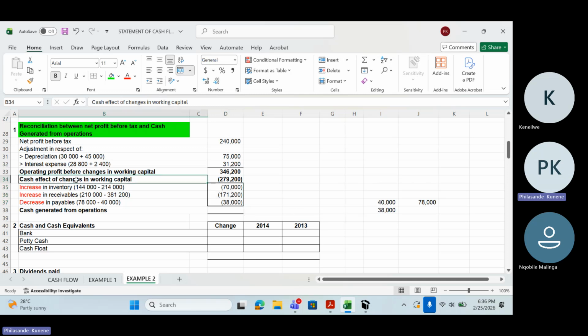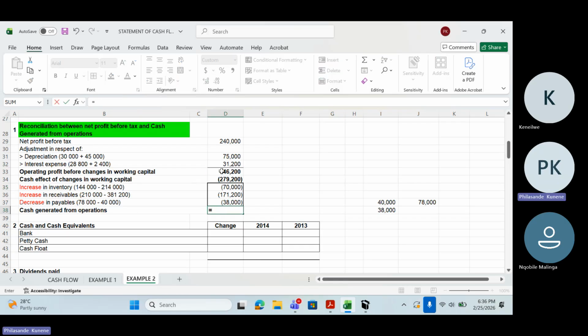That is the cash effect from changes in working capital. Then my cash generated from operations will be 346,200 minus 279,200, and we're getting 67,000 rands as the cash generated from operations.